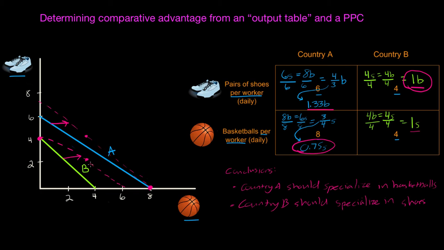The two dots here that I'll label X and Y represent possible levels of consumption which lie beyond what the country would have been able to achieve if they had chosen to try to produce both shoes and basketballs for themselves. In the next video, we're going to look at a different type of situation in which we're given not the number of outputs that a country can produce, rather the amount of inputs needed to produce a single unit of two different goods.